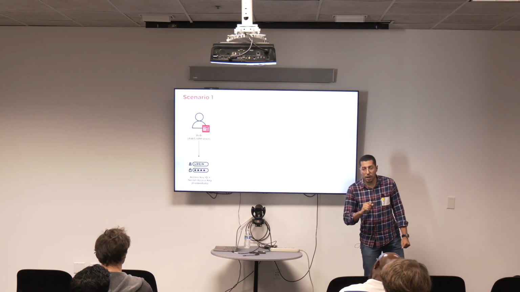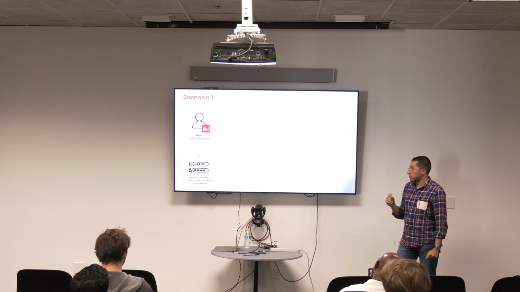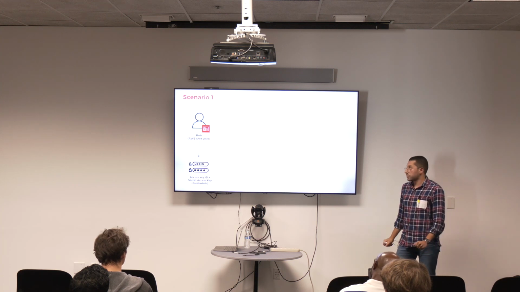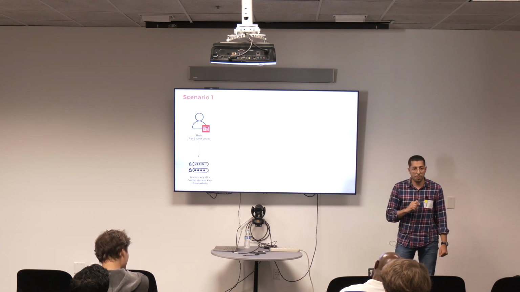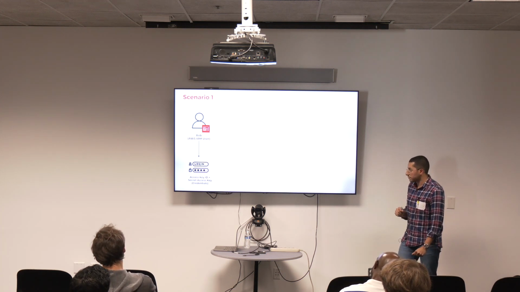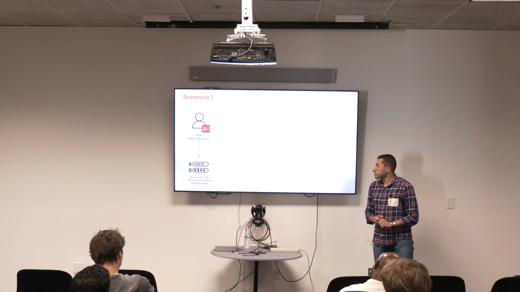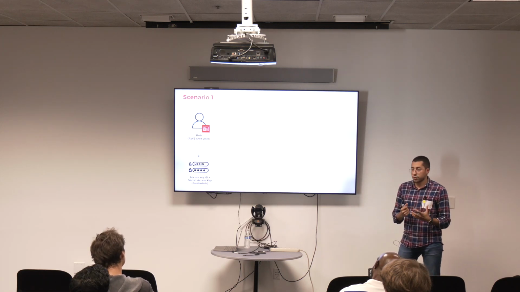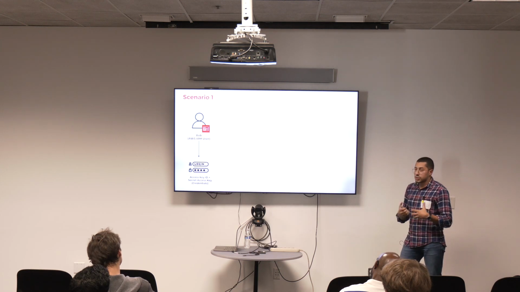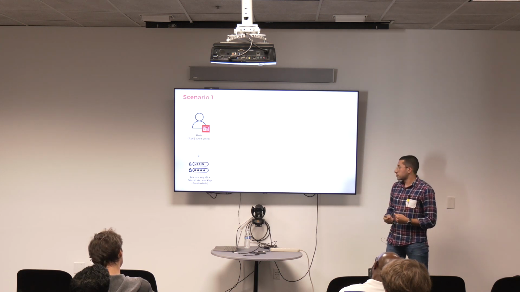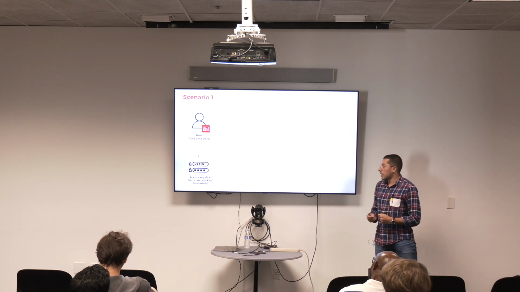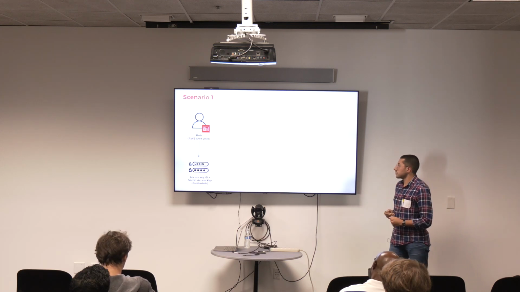So now I want to introduce you to some scenarios to configure permissions for applications in a Kubernetes cluster. First scenario, you have an IAM user called Bob. He generates IAM credentials, so an access key ID and a secret access key.